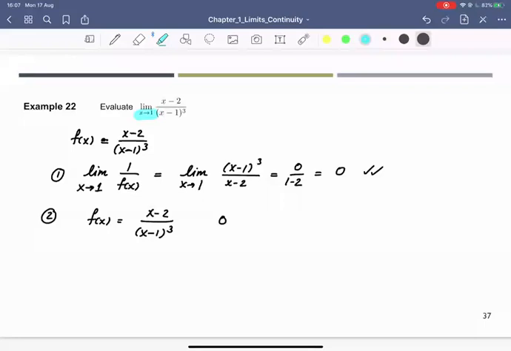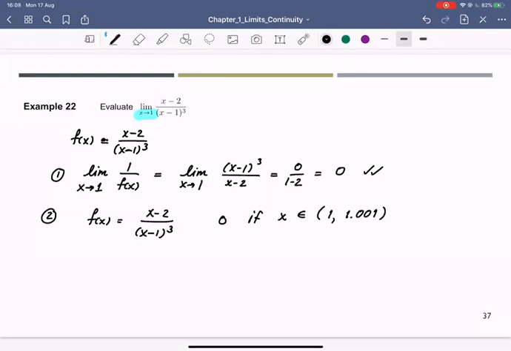First of all, the sign of (x minus 1) cubed is going to be the same as the sign of x minus 1, right? Let's start with x in the range 1 to 1.0001. This is from the right.